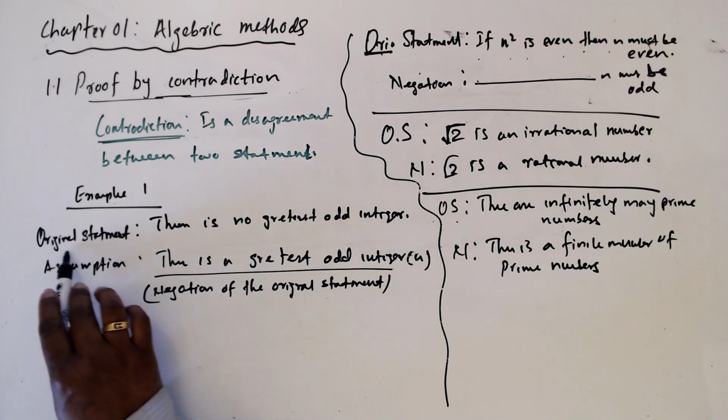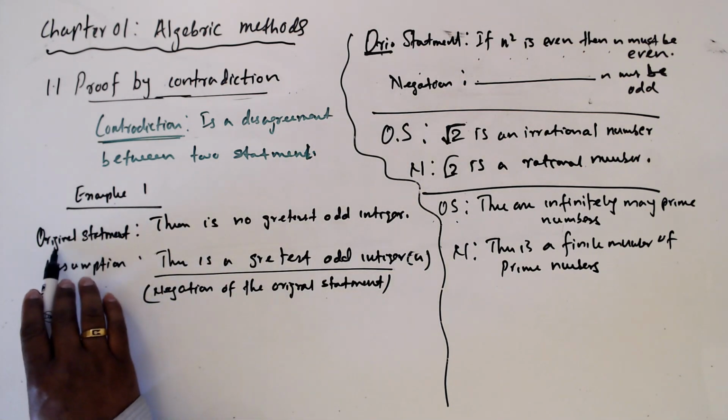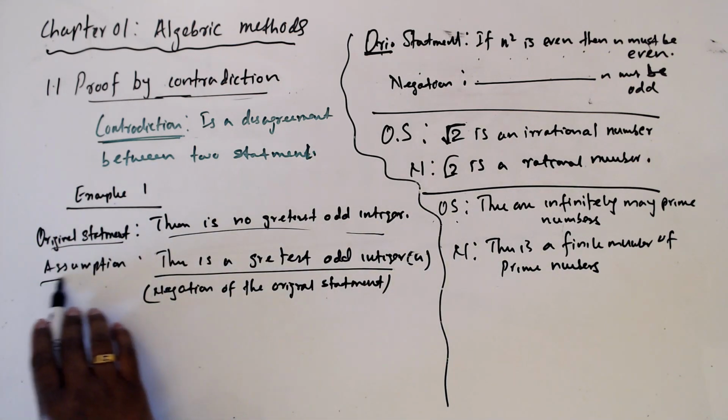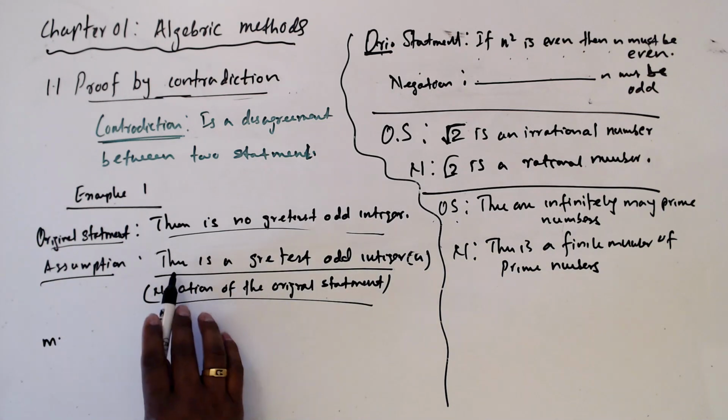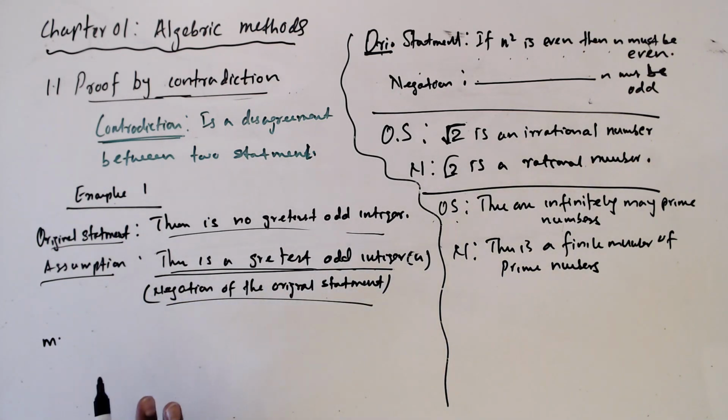So this is the algorithm, I mean the steps. We have the original statement, then we have to assume the negation, for example, there is a greatest number. This is the setup we need to follow.